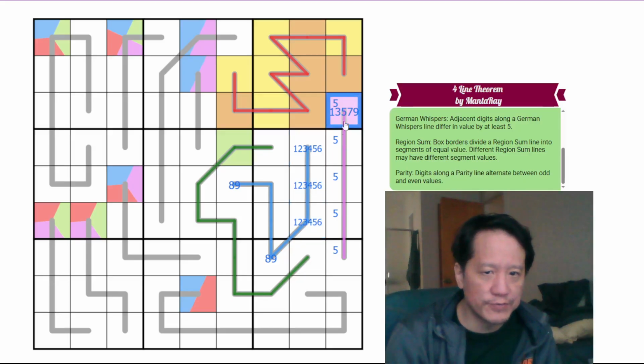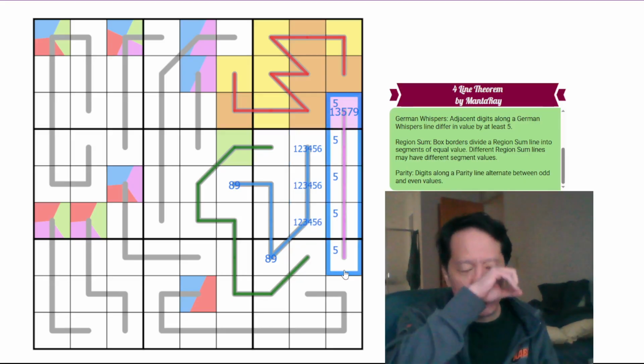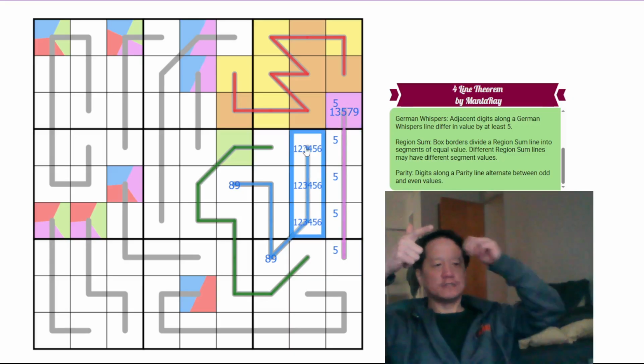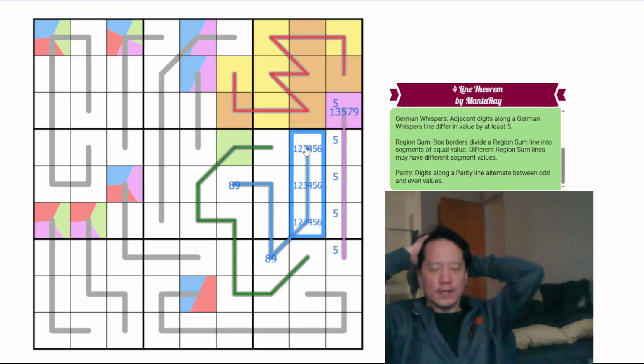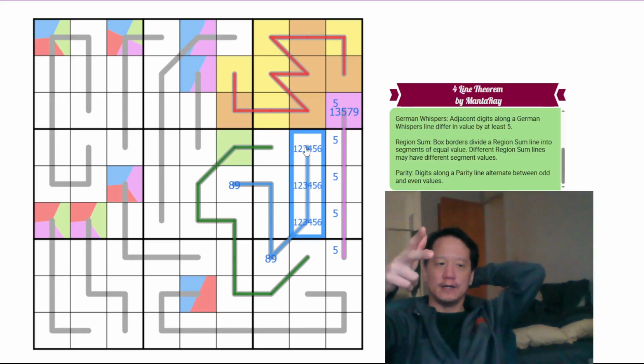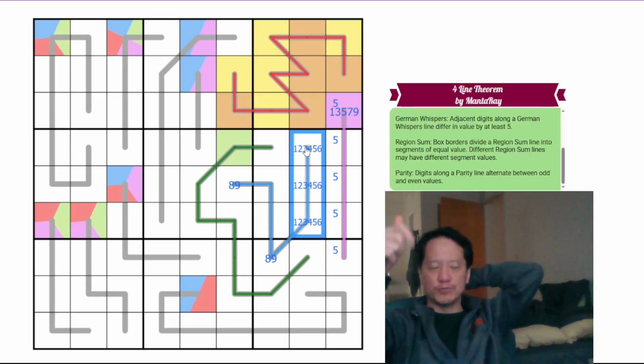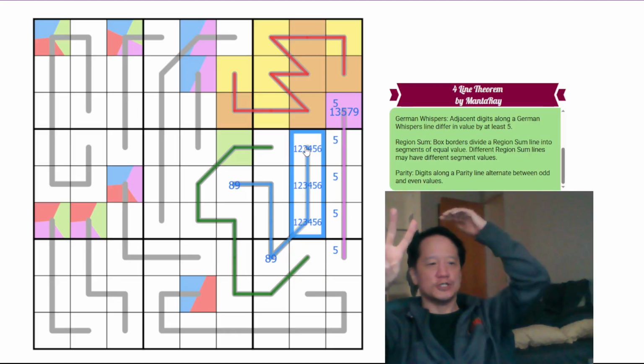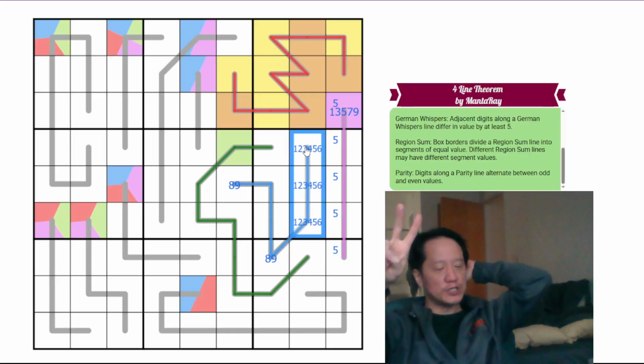Can this be 1 through 5 here? I think the answer is no. Anytime you have 3 unique digits which add up to another digit, you're guaranteed to have at least 2 digits out of them from 1 through 3.